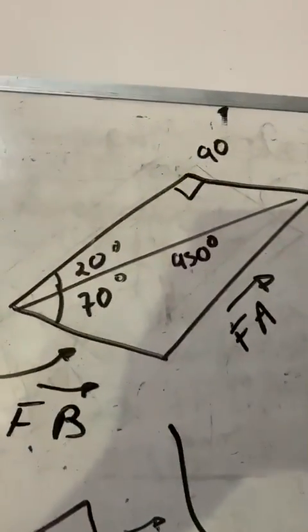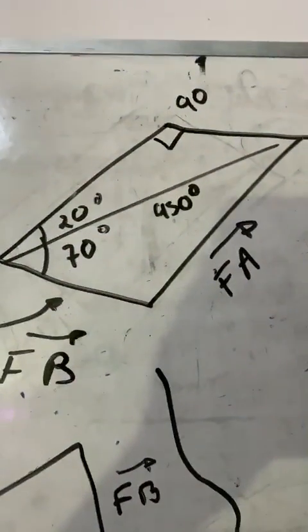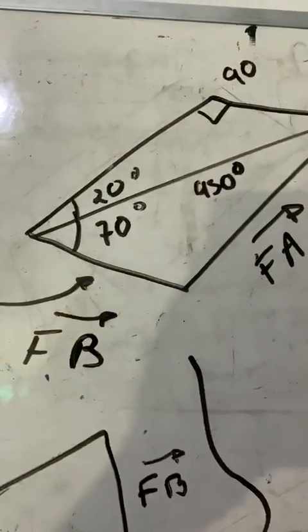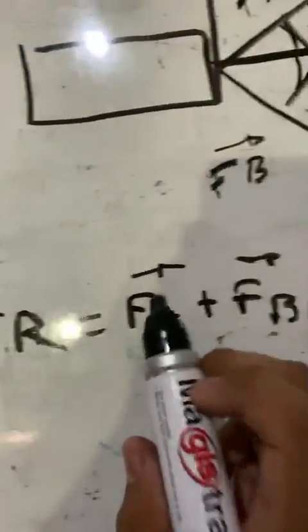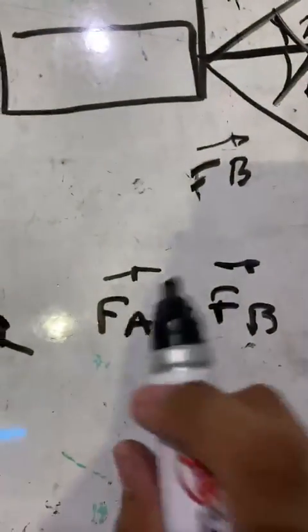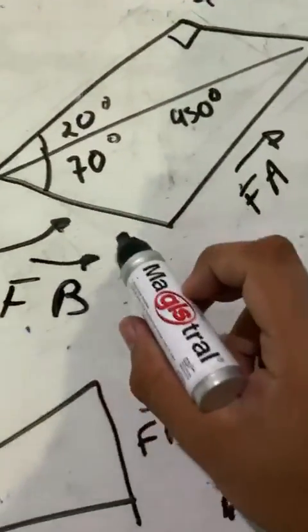So as we did in the last one to calculate the force A, we're going to apply the same thing here. We know that the resultant force is equal to the sum of force A and force B, and here it is represented by this.